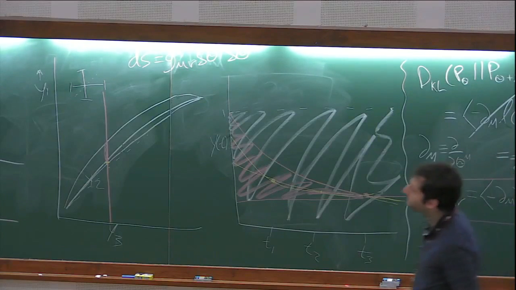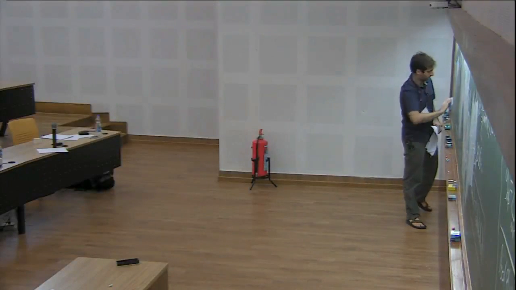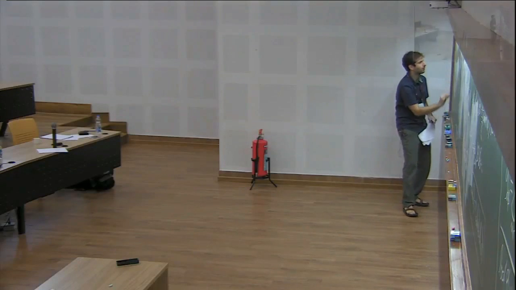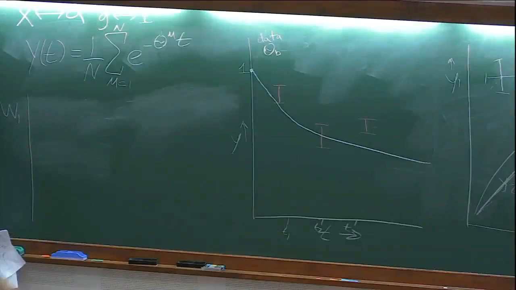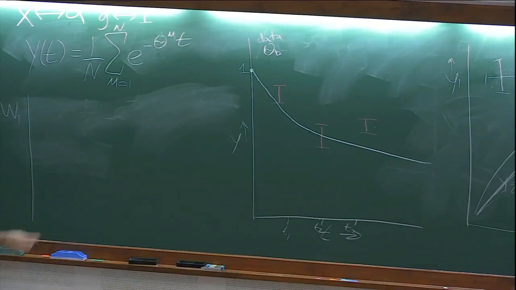Let me just erase this. So if I plot the model widths, so here's W_i. When I plot them for this, experimentally what I find is that they're evenly spaced in log.